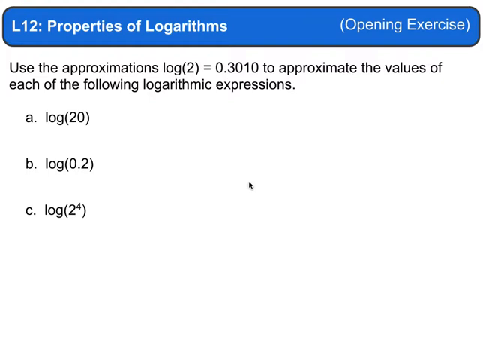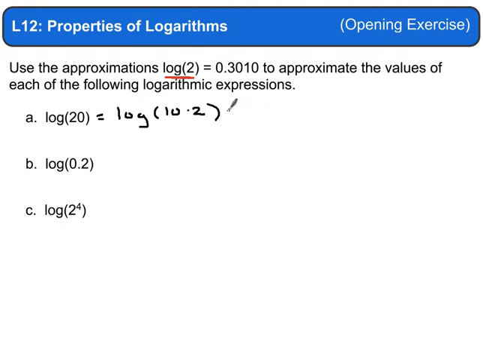What we want to do is use the properties we've already brought up in the last couple of sections. For example, I may not know the log of 20 without going to a calculator, but I can rewrite this as log of 10 times 2. Remember, our goal is to use the fact that it gave us log 2 to our advantage.